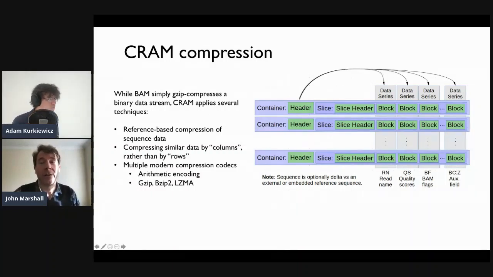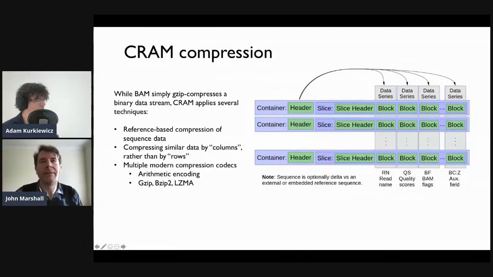Excellent. I was going to dive into a little bit of a conversation about the CRAM format. I'll just mention that BAM is relatively simple-minded in its compression, whereas CRAM is a framework for a more extensible compression.